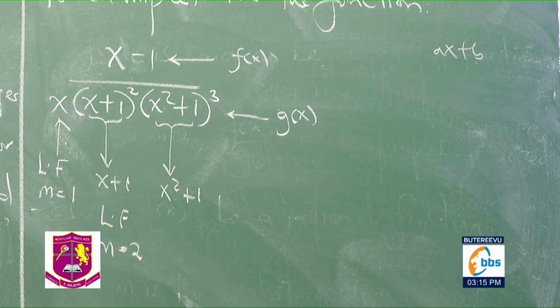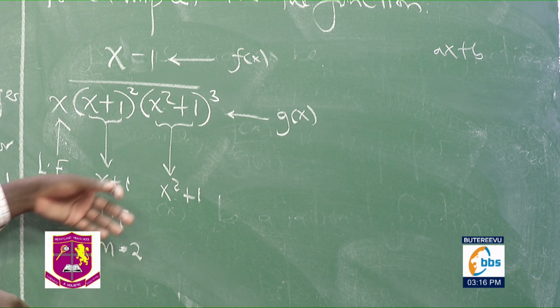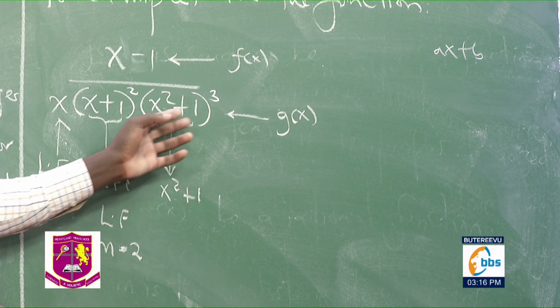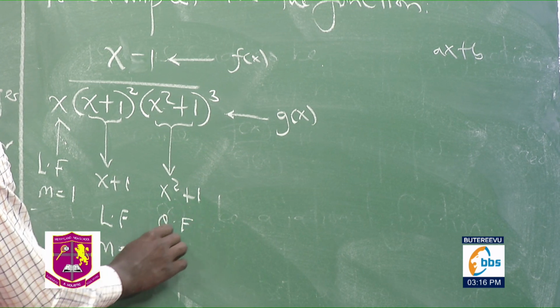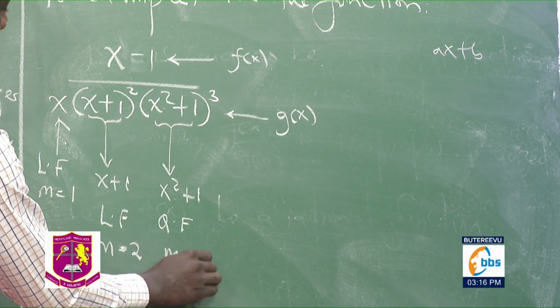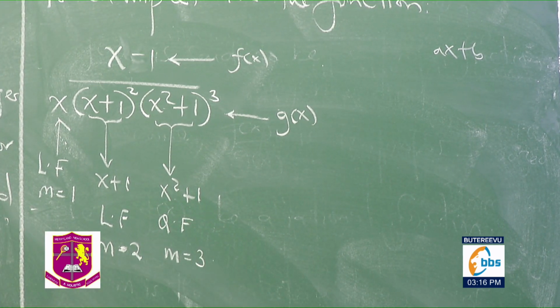Now, when you look at this guy here, that is x squared plus 1, we cannot reduce this polynomial into a product of linear factors with rational coefficients. And so we take it to be a quadratic denominator. But 3 is the highest power for which this is a factor of g of x. So this is a quadratic factor, but has multiplicity 3. So I hope that concept has sunk deep.